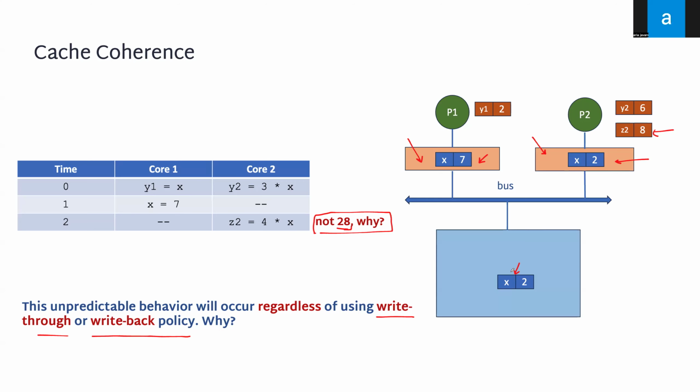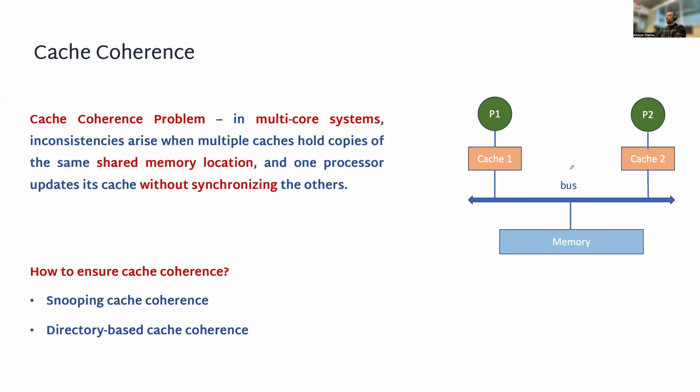No, because it is still a cache hit and it doesn't get the new value. Exactly. Because x equals 2 is still in the cache of the second processor, although we updated it in the memory, it is not updated in the second cache. So this is the cache coherence problem.